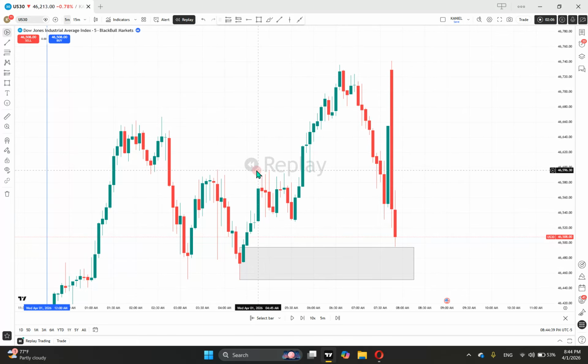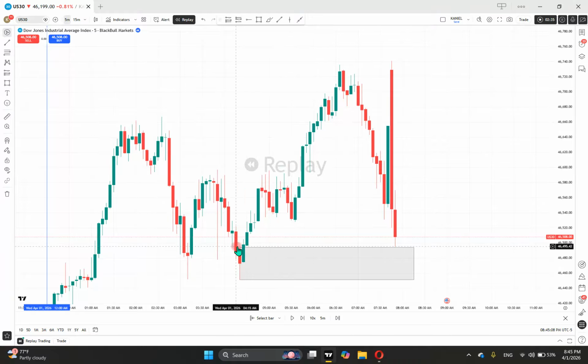So price made this high, which did break over this high. So if price came right here, made this high, and went back to the zone, I wouldn't have taken that even if it was 8 o'clock, because we need a breaker structure. That is my extra confirmation to say that price wants to go where it wants to go.